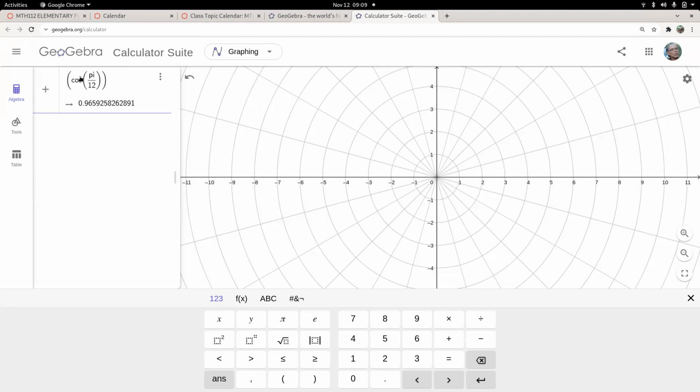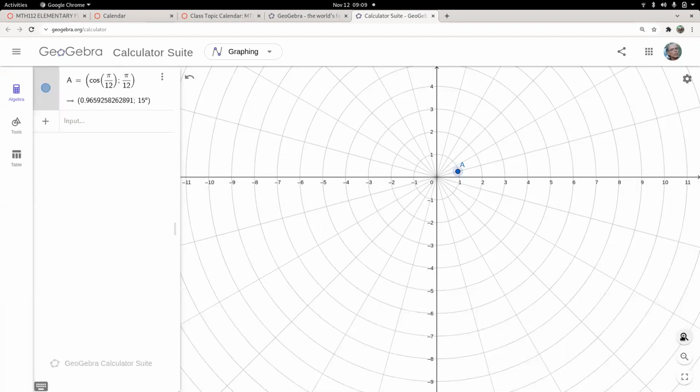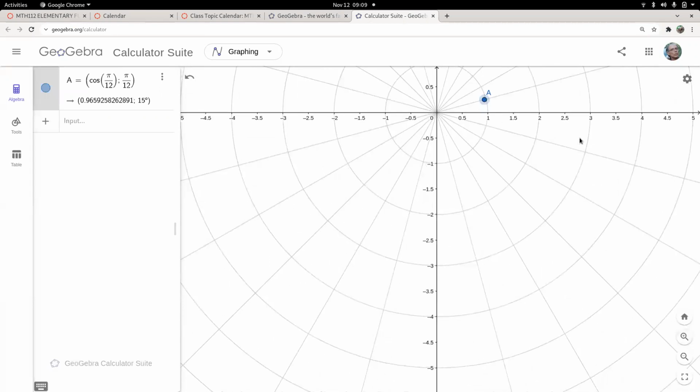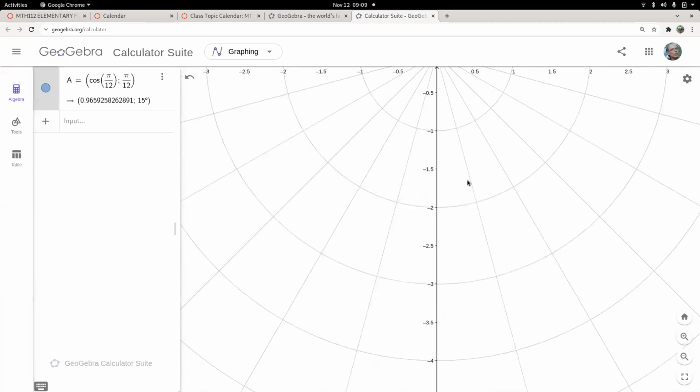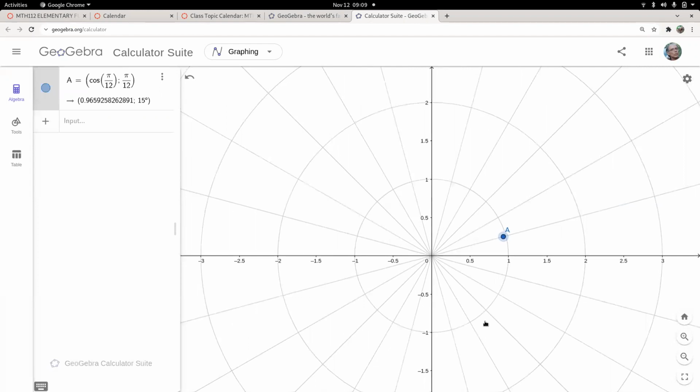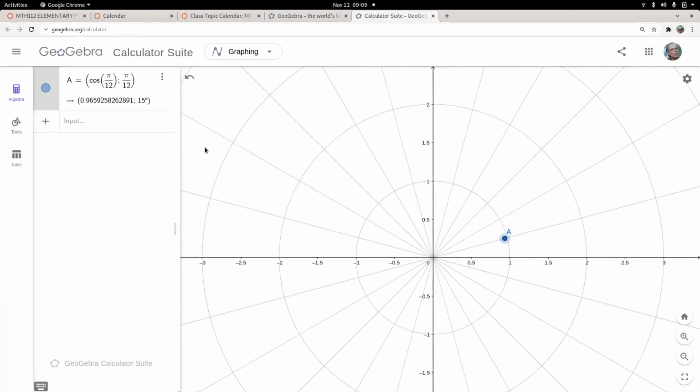And then semicolon, and then theta is pi over 12. And so there's that point. Let's zoom in. All right, so this says the radius is about 0.97-ish.